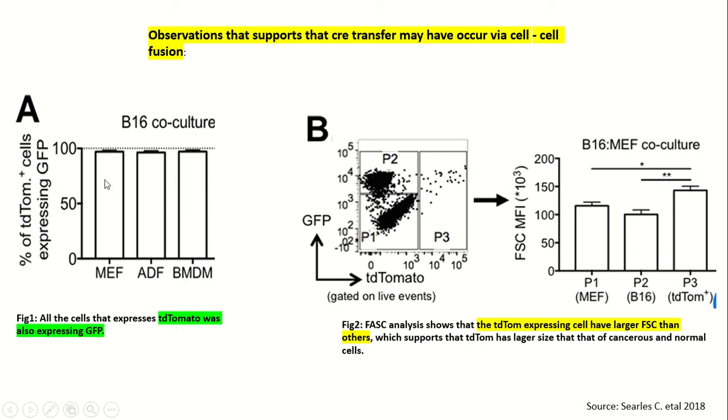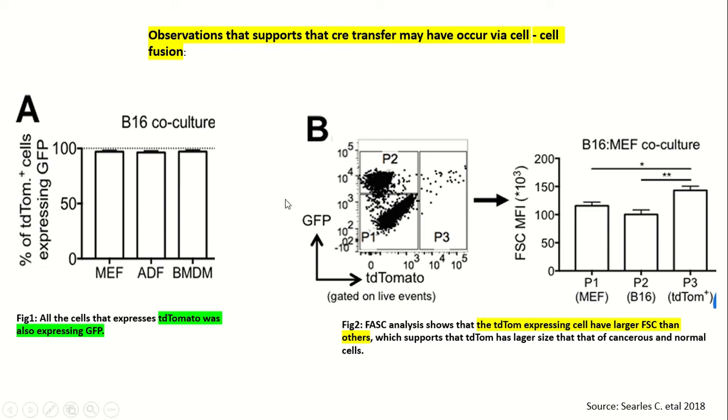All those cells that were expressing tdTomato were also able to express GFP, meaning this P3 doesn't only have Cre protein, rather it has the complete Cre-GFP DNA construct. It is actually the fusion product that has received the tdTomato DNA construct from the non-cancerous cell and also the GFP DNA construct from the cancerous cell.